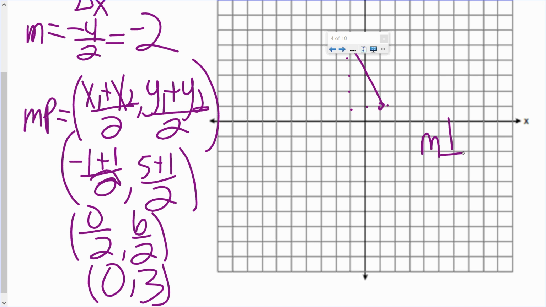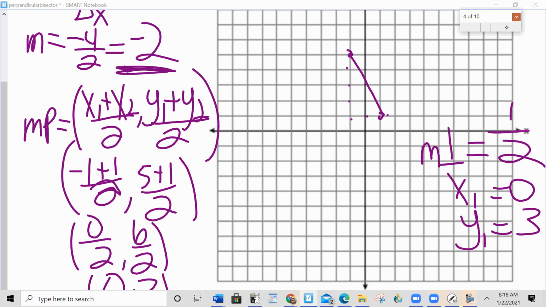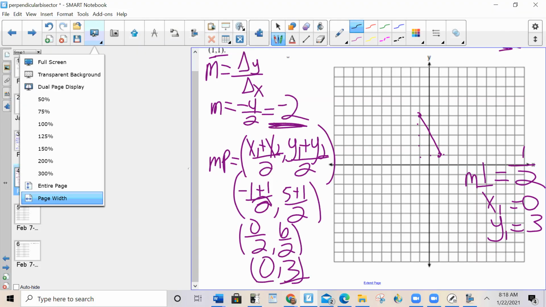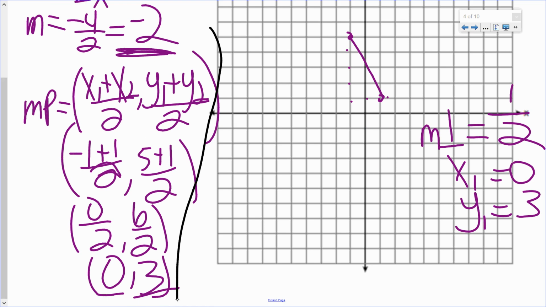My slope, since it's perpendicular to the original line, is the negative reciprocal of negative 2, which is 1/2. x1, y1 are the coordinates of the midpoint, 0 and 3. To write the equation of a line through a point, y minus y1 equals m, x minus x1.